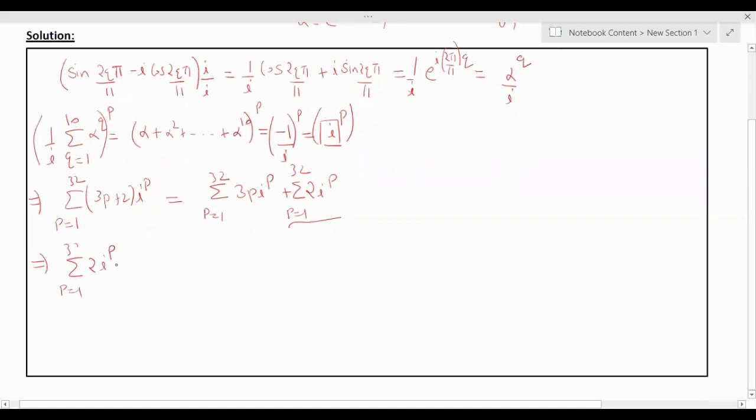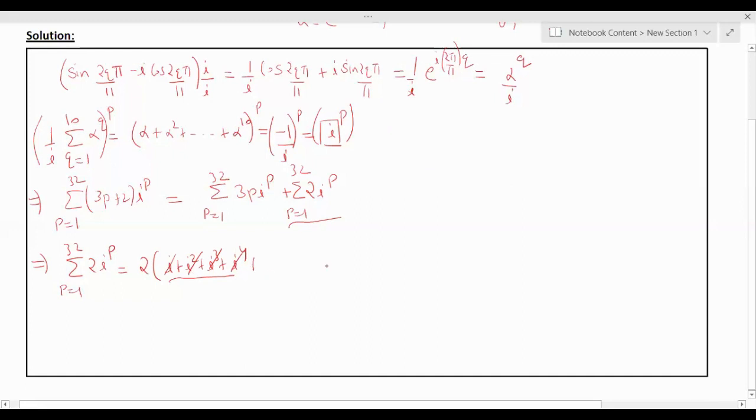observe what you're going to get. 2 will be common. First term will be I, second will be I square, third will be I cube, and fourth will be I to the power 4. Observe this very carefully, only these four terms, and the remaining you can understand. I is I, but I cube is minus I, so they both will get cancelled. I square is minus 1, I to the power 4 is 1, so they are also going to get cancelled.